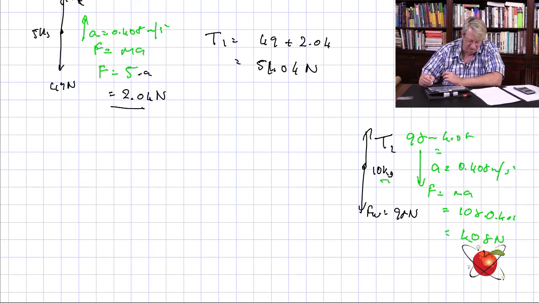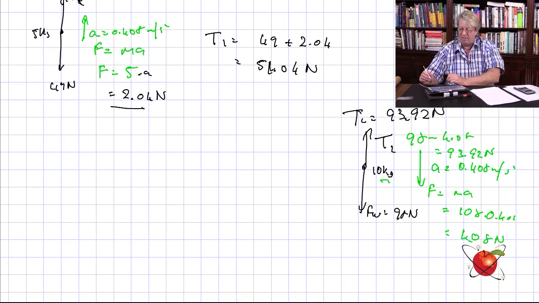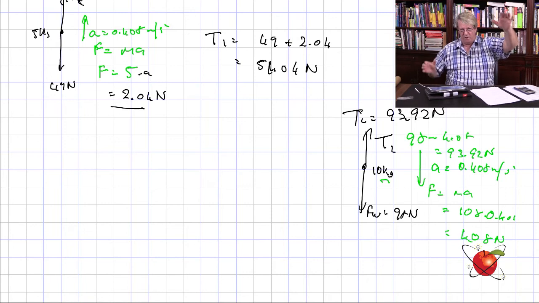And I get 93.92 newtons, because it's moving down. The tension in the string isn't enough to balance the weight, and it's out by that amount.